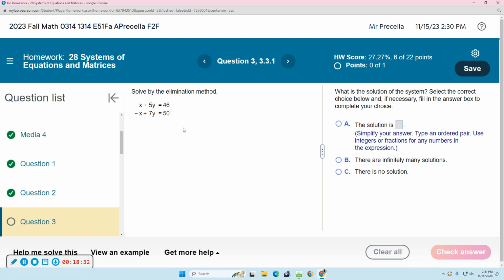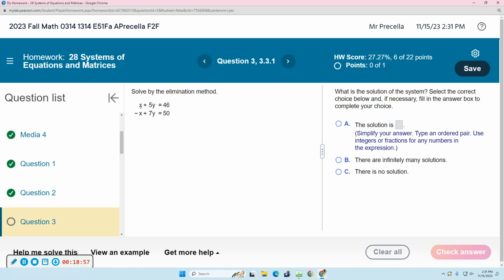And with elimination, we're going to do exactly what the name says. We're going to eliminate one of the variables. You have the variables lined up, the like terms are aligned. You want the same coefficient on both variables, but with opposite signs. I believe that the x's are the ones that we'll want to eliminate.